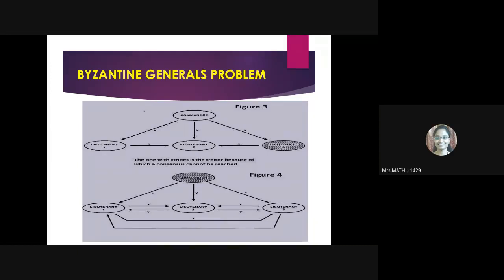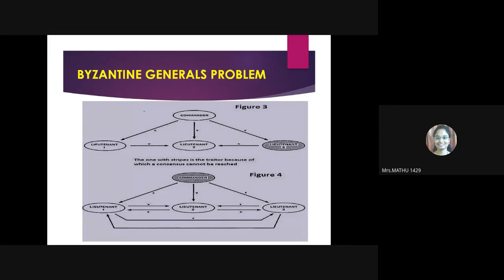Each node is a general under whom several soldiers are there. If the commander says attack, then all the generals who are hiding in different places should get the same message of attacking the city, and they should go together. Otherwise they will fail to achieve that.